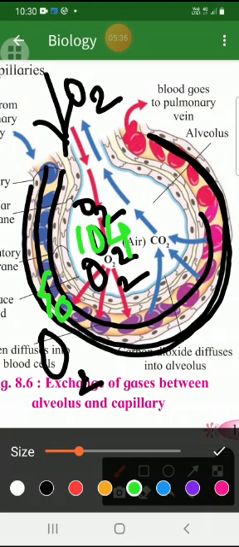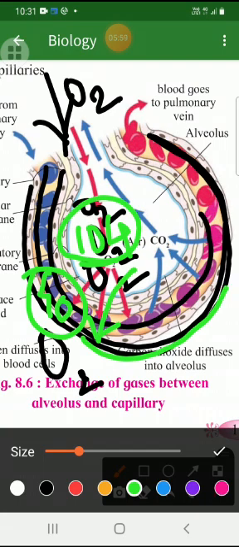How much will be the partial pressure? 40 mmHg. तो what is happening here? यहाँ पे 104 है और यहाँ पे 40 है. So higher pressure, अभी हमने क्या बोला था? Diffusion happens from higher partial pressure to lower partial pressure. So 104 से 40 वाली जगह पे, मतलब inside this capillary what will come in?